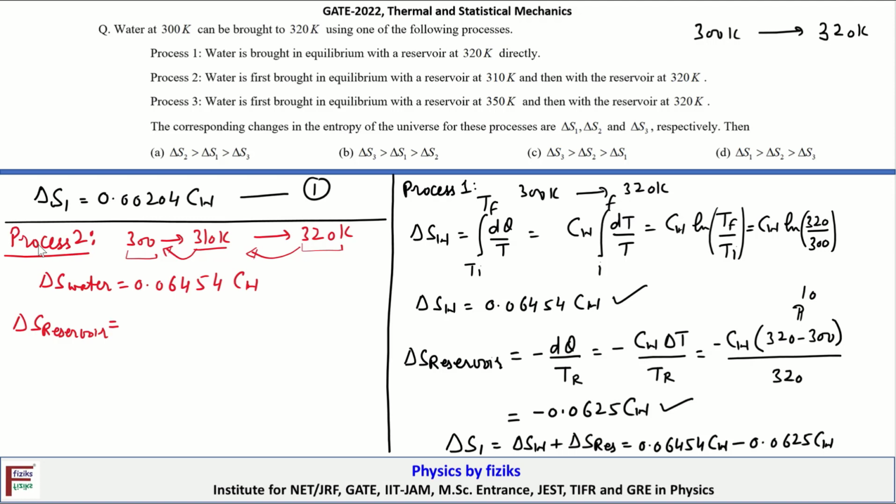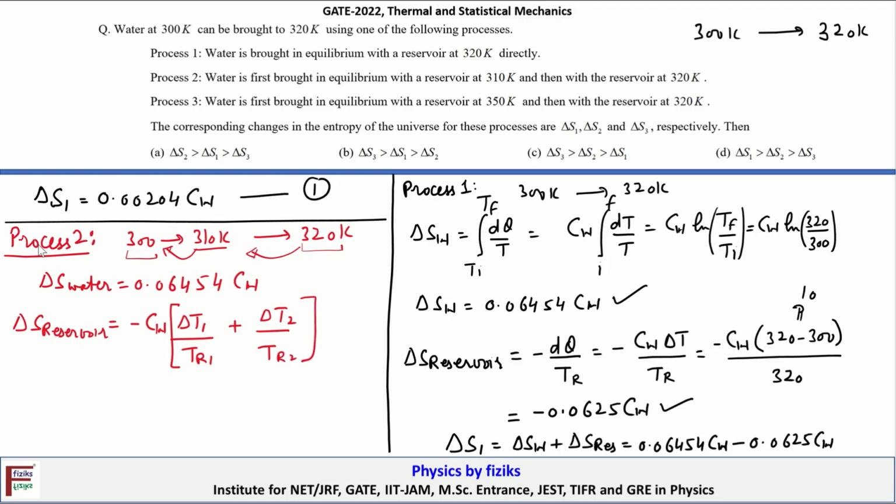So a negative sign will appear while doing the entropy change calculation, and the corresponding entropy change is given by minus Cw times delta T1 divided by the temperature of reservoir 1, plus delta T2 divided by the temperature of reservoir 2.